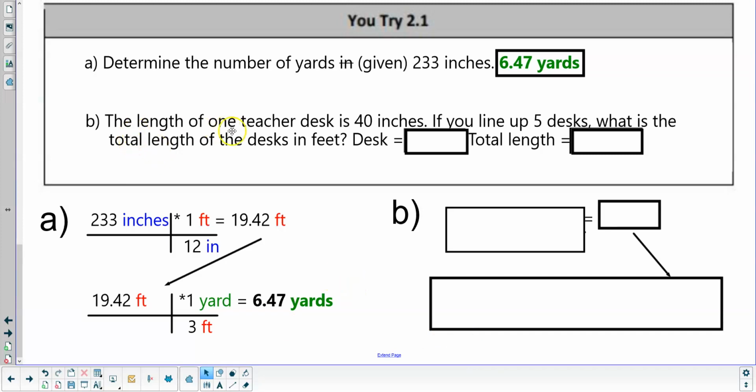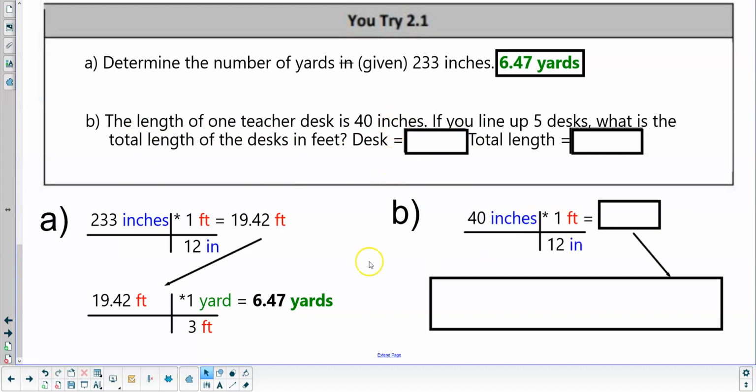And then letter B, hopefully this one was a little easier because all you had to do was take the inches, convert it to feet. And again, the inches on the bottom, inches on top cancel out. I probably should be filling these as well. And then as long as you have your units left over on top, that's how we're getting the feet for one of these desks.